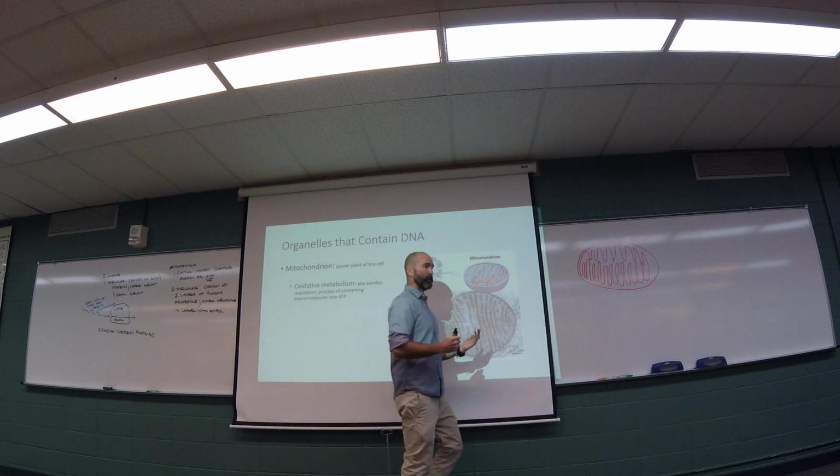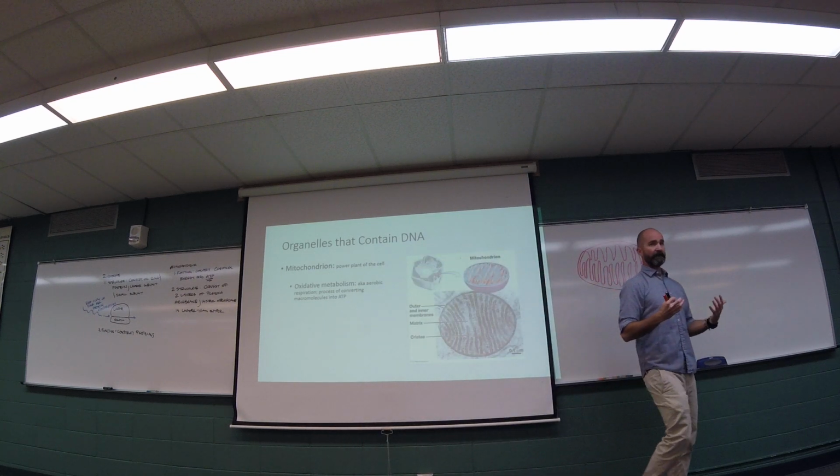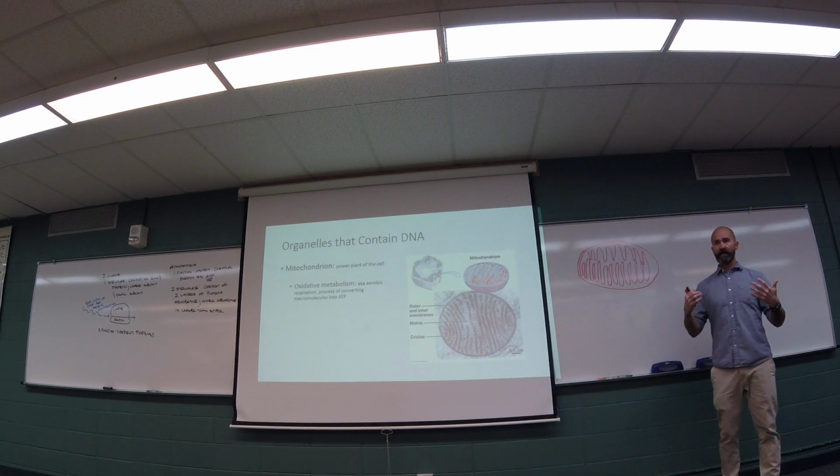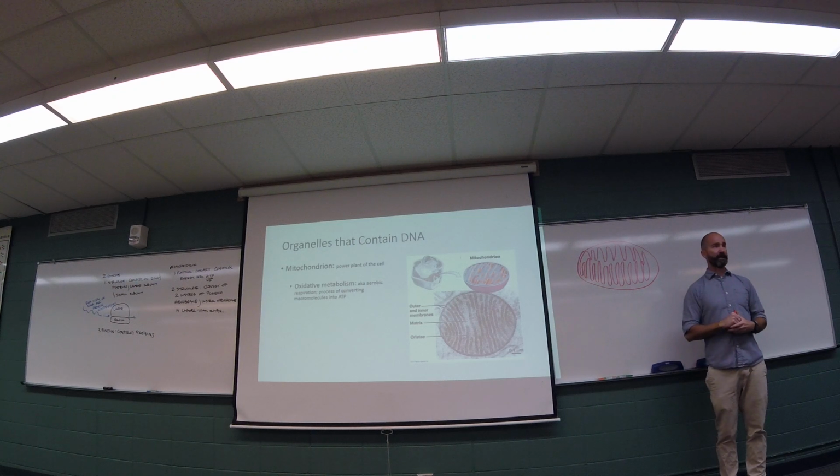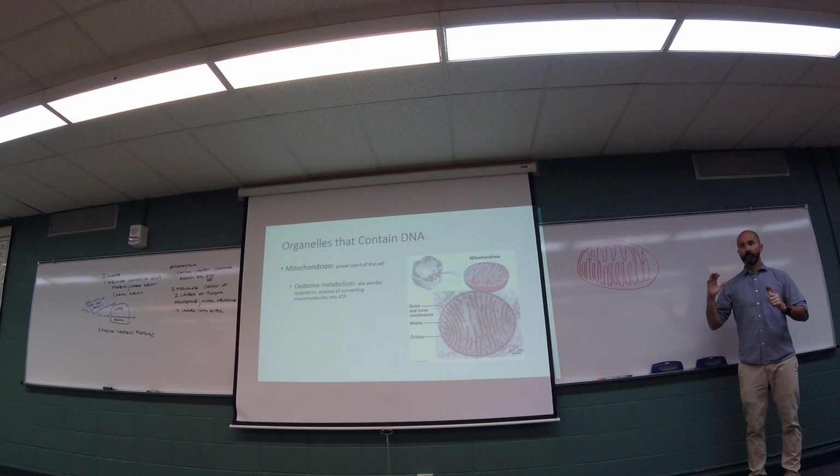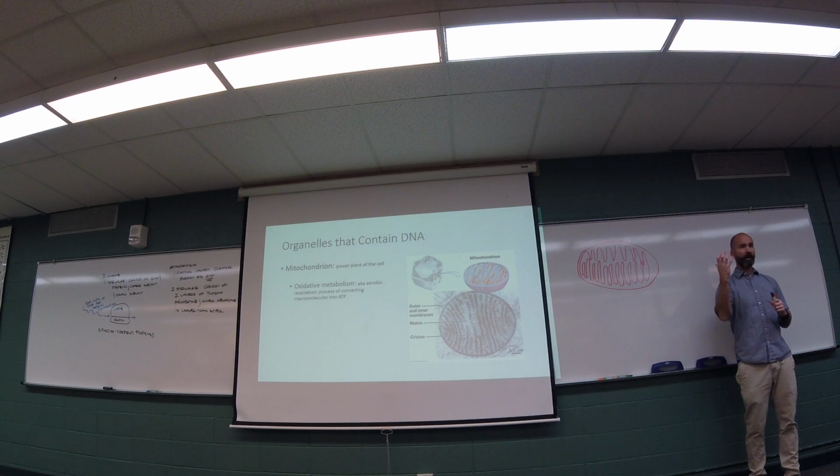And surface area is important, right? Because what that does is it increases the amount of space that we can have proteins embedded. So think about it, right? The mitochondria, its job is to take one form of chemical and convert it into another form of chemical. That's going to require a whole bunch of chemical reactions. And what is it that catalyzes chemical reactions? It's enzymes.